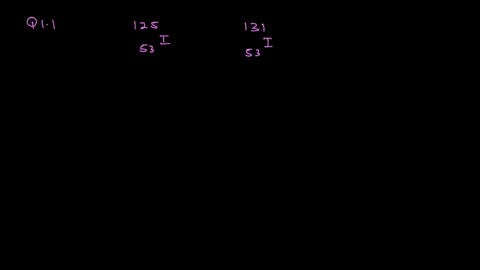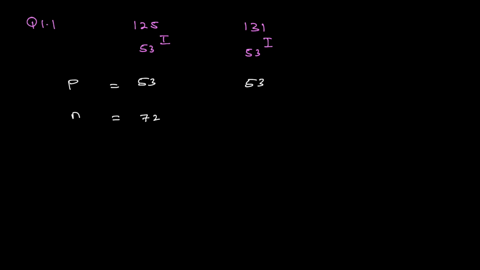So the constituents of a nucleus are the protons and neutrons, because in the nucleus you only have protons and neutrons. The proton number is 53 for iodine-125 and 53 for iodine-131. The neutron number for iodine-125 is 125 minus 53, so that would be 72.